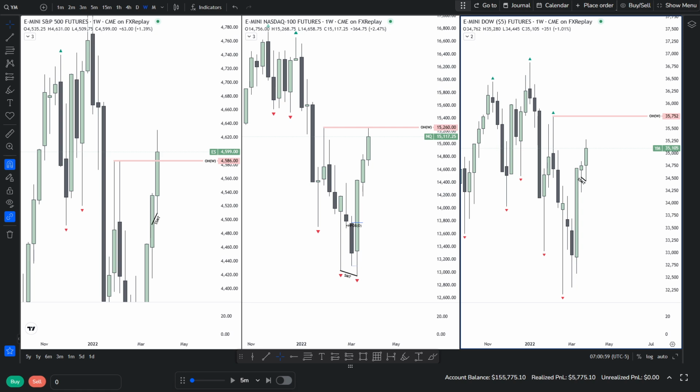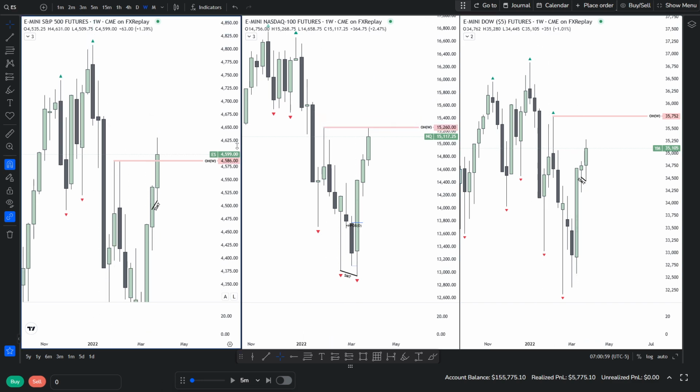So what am I saying here? I'm saying that ES has purged this high, but look at NQ, extremely shallow. I mean, has NQ even purged it? I think it has. Yes, it has. So I'd expect to see a deeper purge. Doesn't have to, but I'd expect to see it, right?